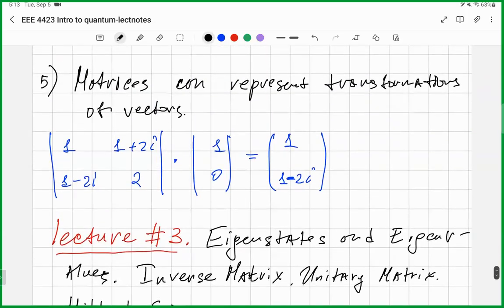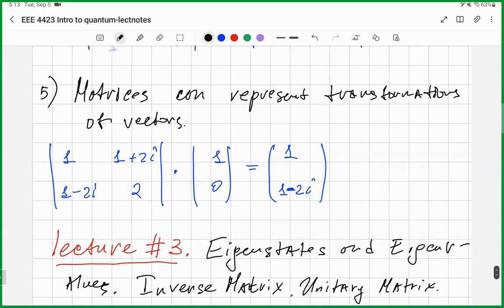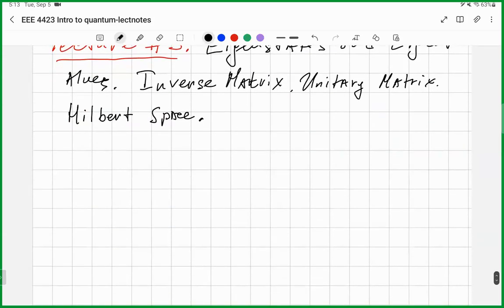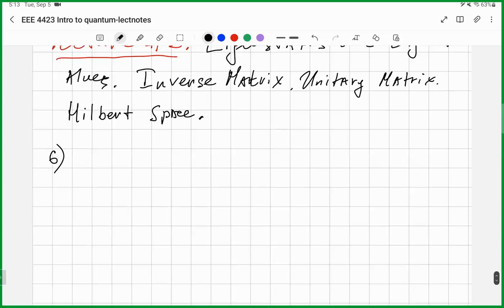Essentially, we're gonna continue this list of matrix properties. And so it was property number 5. Let's continue this list, and it's gonna be property number 6. It's not a property, but we're still learning how to work with matrices.